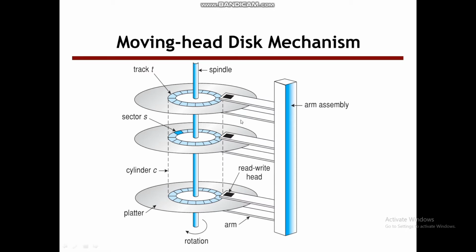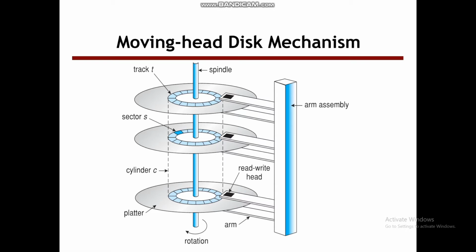A read or write head is located above the surface of every platter, and the surface of the platter is logically divided into circular tracks. The tracks are further subdivided into sectors, and the set of tracks that are at one arm position forms a cylinder.